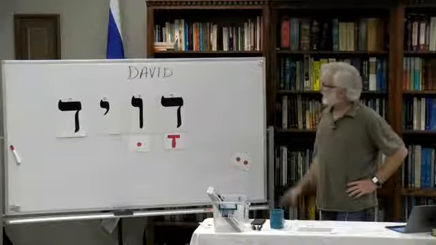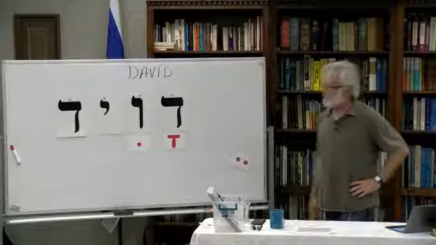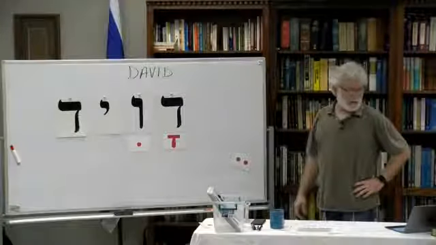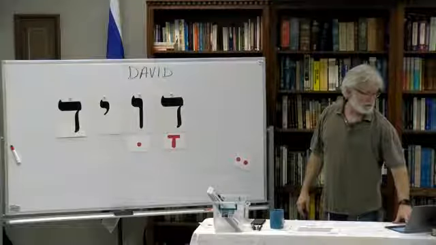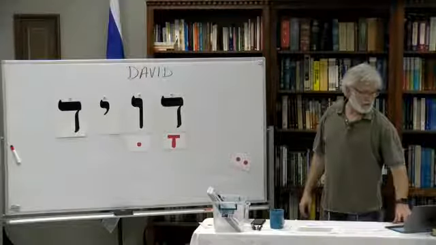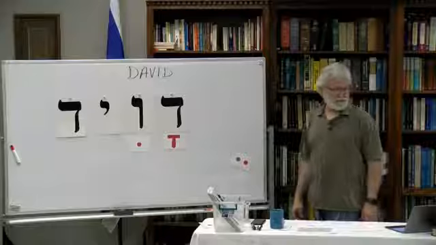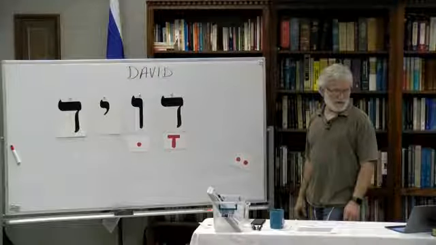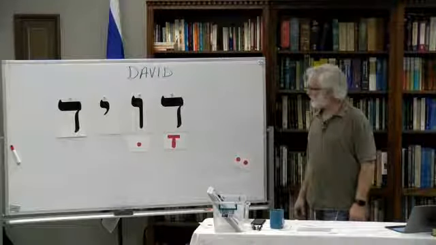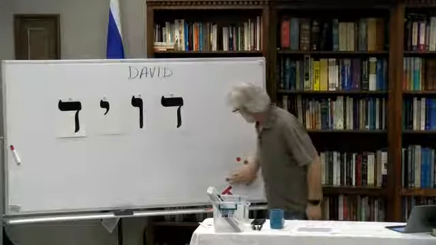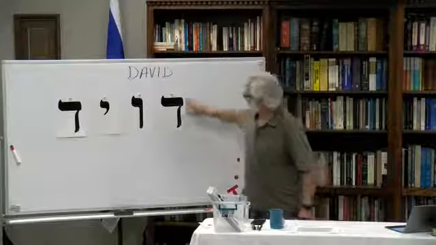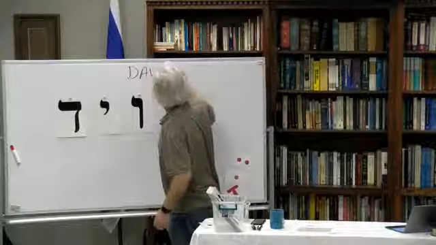In fact, this occurs not just with the name David, but with the place name Jerusalem. You will see it sometimes spelled with a yod, and then sometimes you'll see it spelled without. Now, I'm going to spell one other word, assuming that I can spell this correctly.